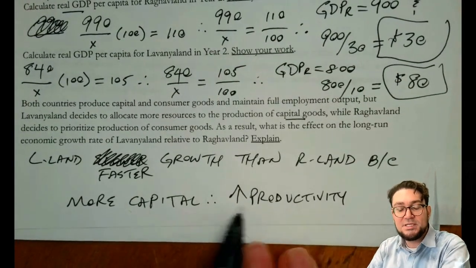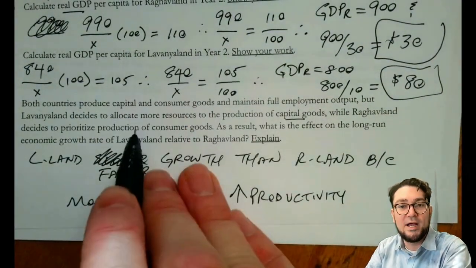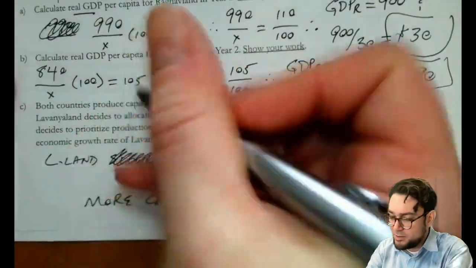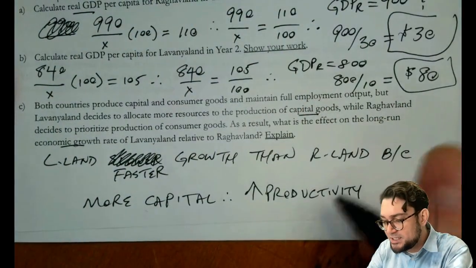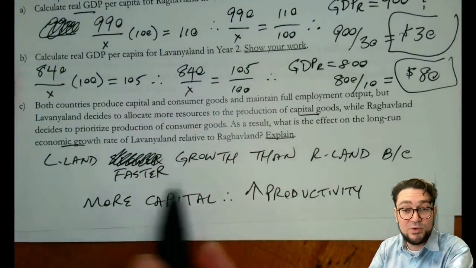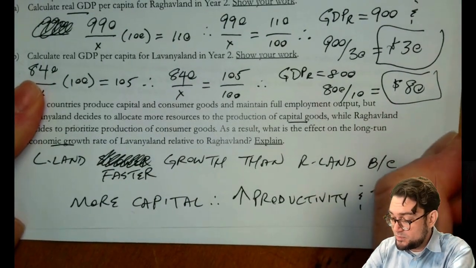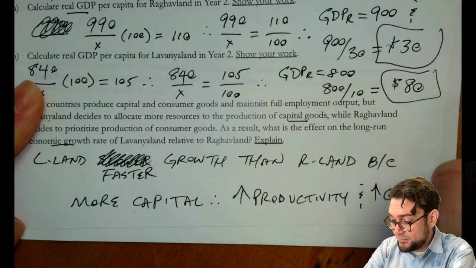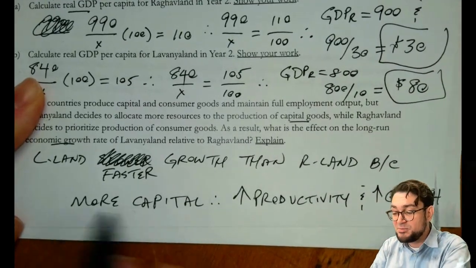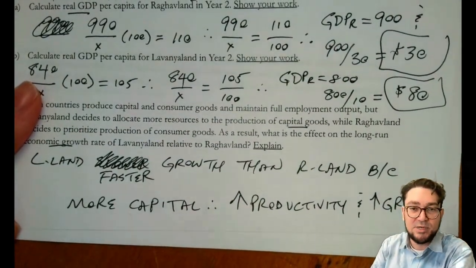Long-run productivity is the real key for economic growth, right? When we're talking about long-run economic growth rates, we're asking, are we more productive? You could also just say there are more resources, and that increases growth, but it's really the investment in new capital that makes the big difference here.